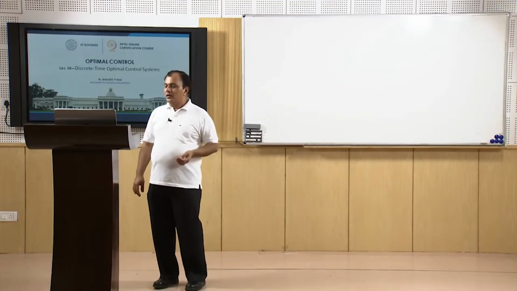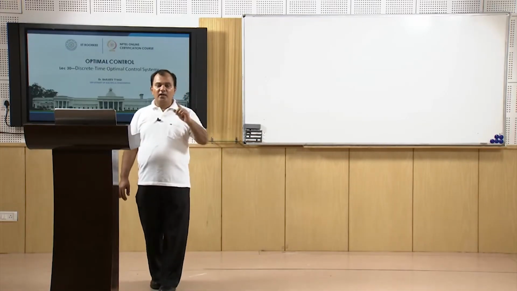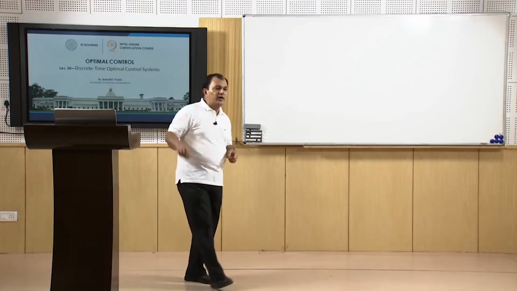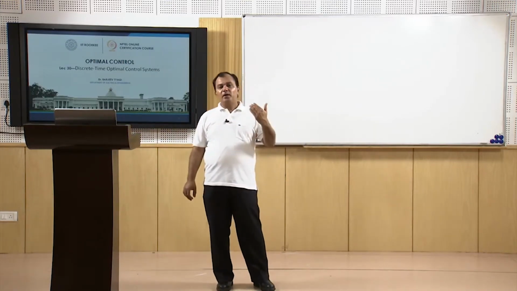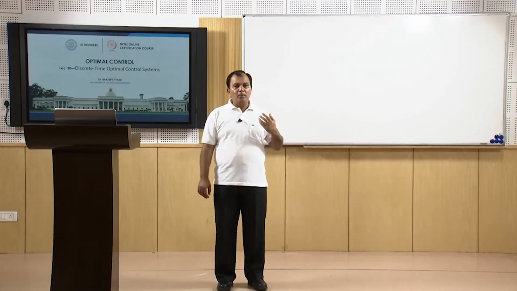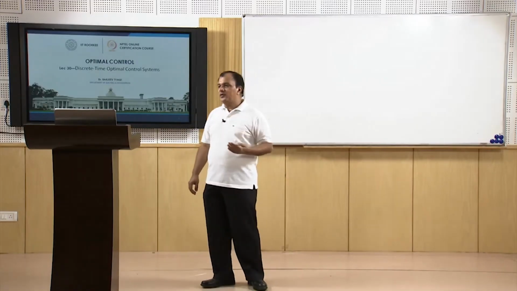In discrete system, we will define a signal at a discrete instant of the time. So, here we will consider the system in the discrete form as well as my performance index also in the discrete form.